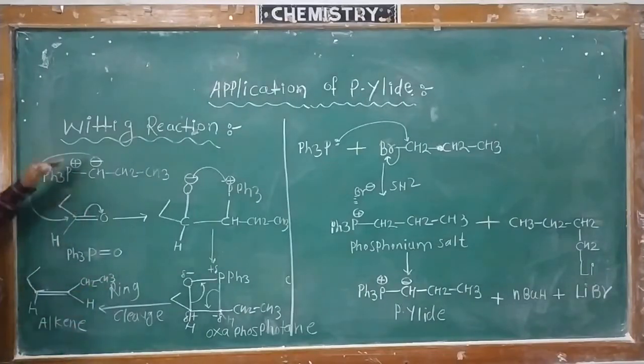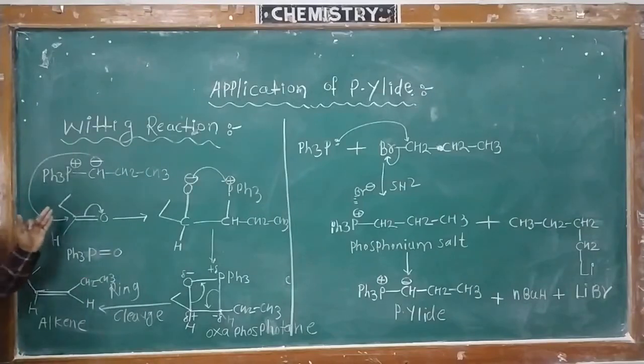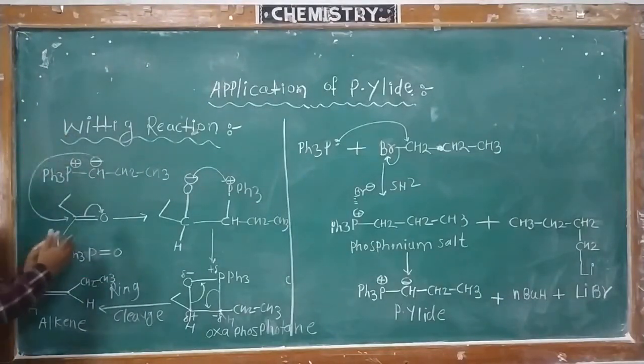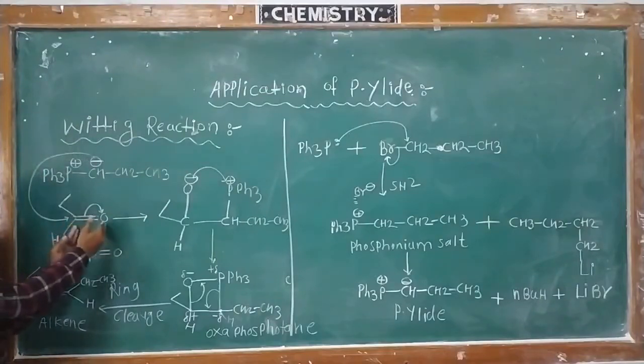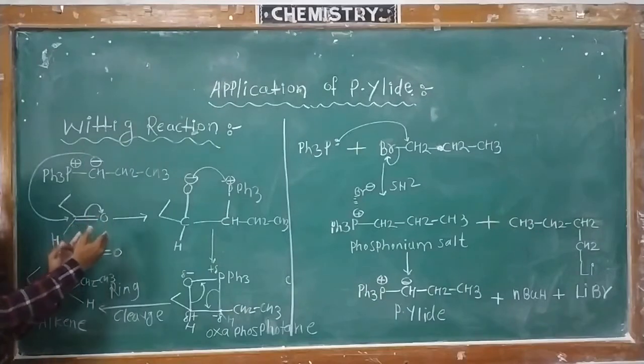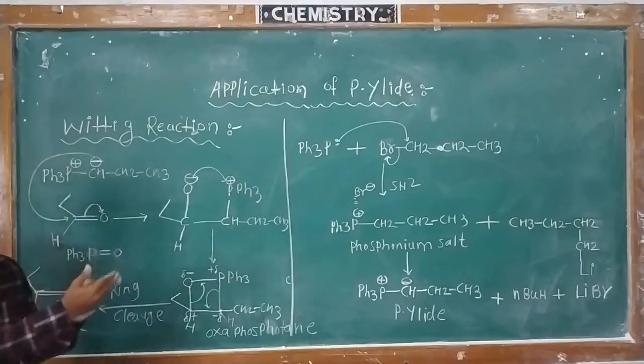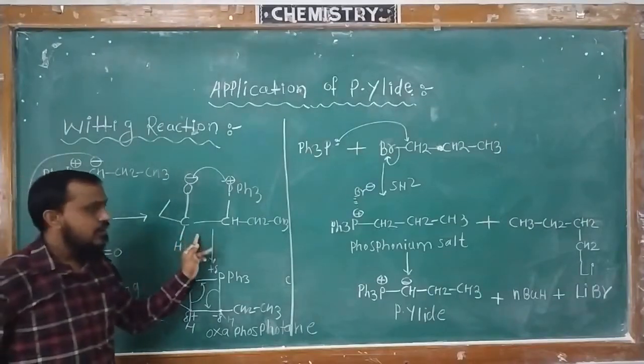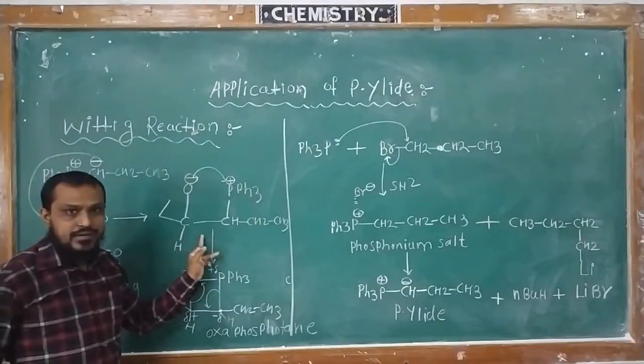Okay, so what will happen here? The phosphorus ylide is added to the C=O group of the carbonyl compound. This addition generally occurs as a cycloaddition. Initially we form the betaine intermediate.